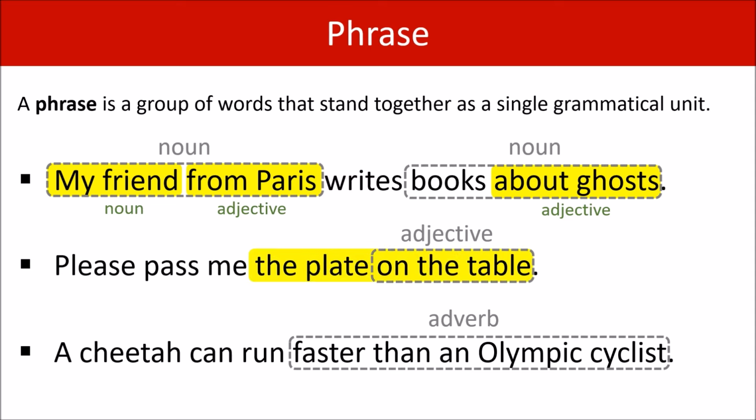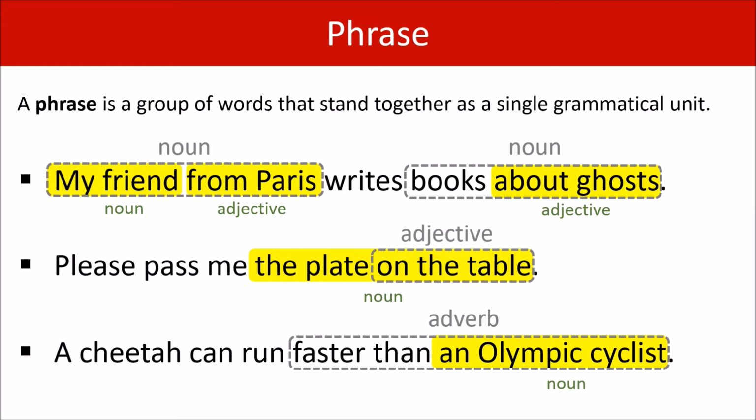Now look at the middle one. The plate on the table. Well, that is a group of words functioning like a noun, but the one that I pulled out originally was an adjective describing the plate. And look at this, an Olympic cyclist. That is clearly a noun, but it is an integral noun phrase within an adverbial phrase.